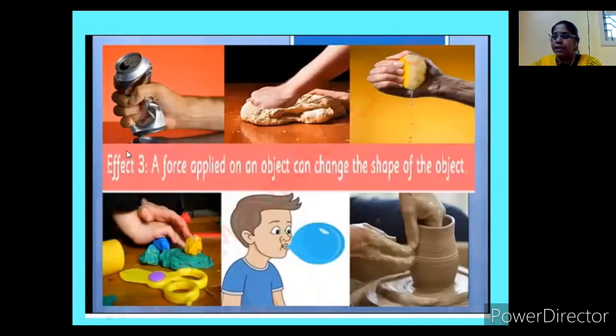So, by seeing this picture, we can easily understand that by giving force, the shape of the object can be changed. For example, by crushing a tin, by squeezing the lemon, by blowing the balloon, by applying some force on the pot.